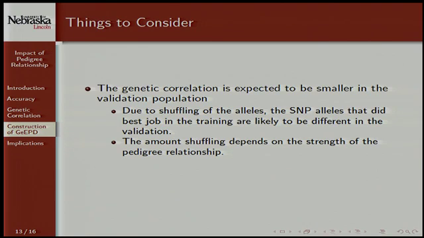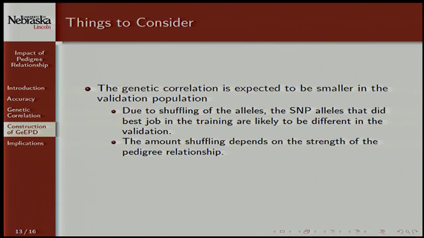So the things we need to consider, okay, first of all, that genetic correlation is going to be expected to be smaller in the validation population. Remember, when we built that MBV, it was built to work really well with the training data. It's tuned because it worked really well in the training data. Nobody's going to be selling you an MBV if it didn't even work well with the training data.